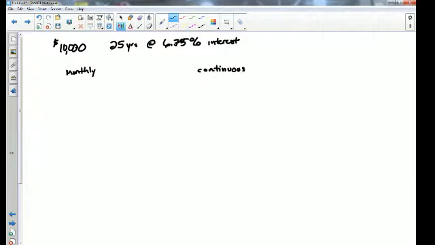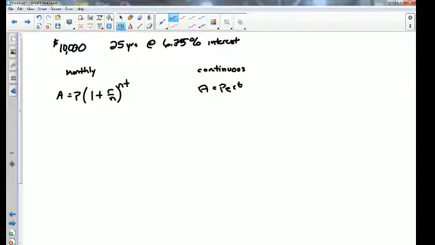What's continuous? Continuously compounded interest. That's the formula I just showed you. R. And then this one was, is that right? Yeah.